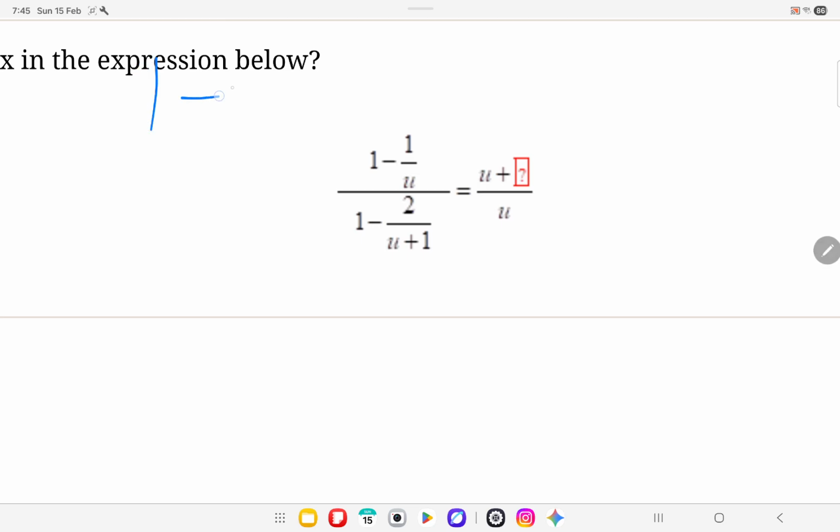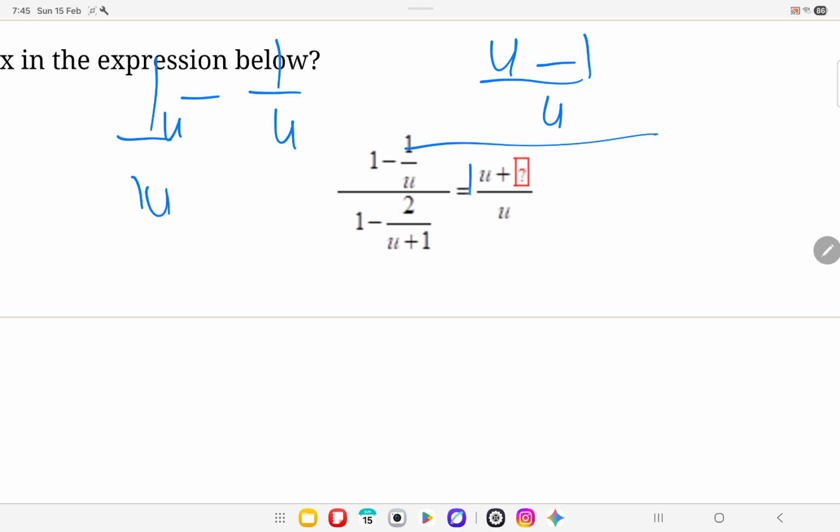Again. 1 minus 1 over u. It'll be 1 over 1, so times u times u. It'll be u minus 1 over u, all over 1 over 1 minus 2 over u plus 1. Times u plus 1, it will be u plus 1.